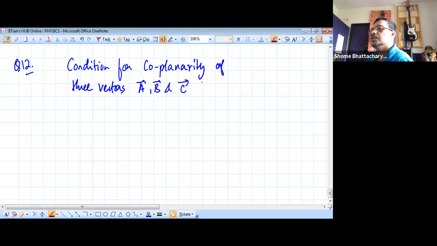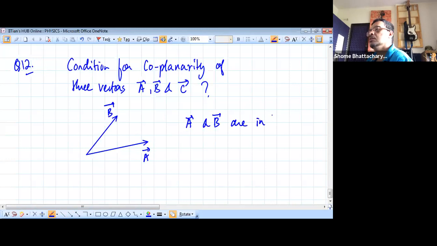Let's understand. So suppose vectors A and B are in the plane of this.